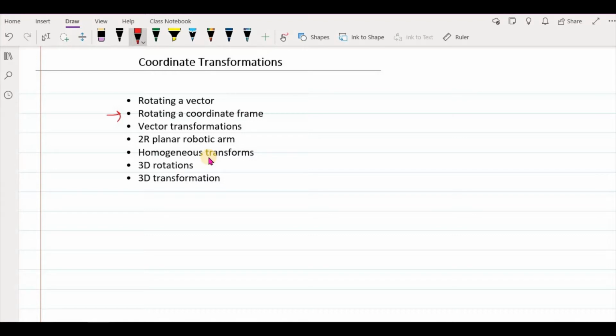And after that we shall talk about the vector transformations. In this area we will talk about rotation and translation. And then we shall emphasize on the need of transformation matrices with an example of a 2R planar robotic arm.